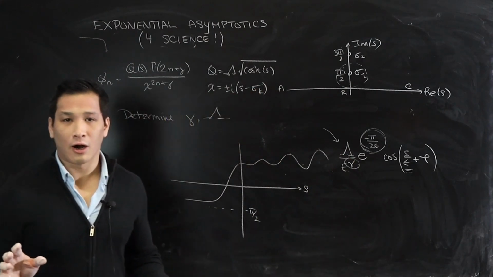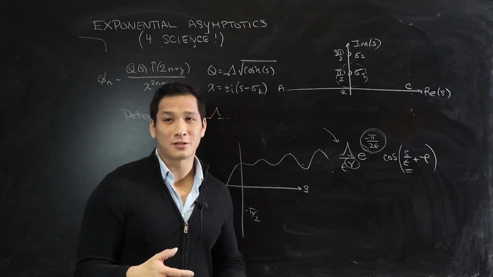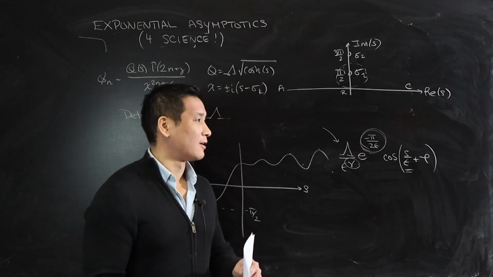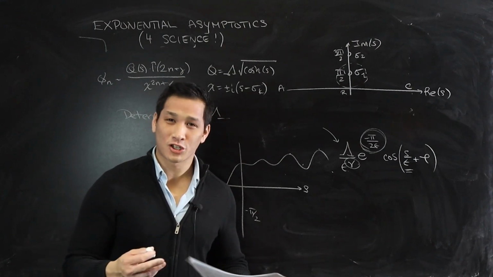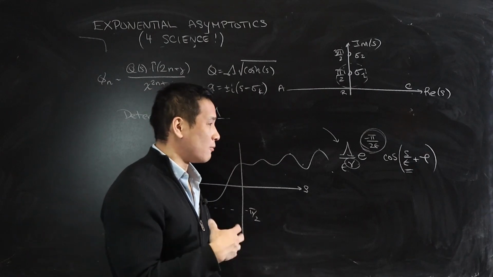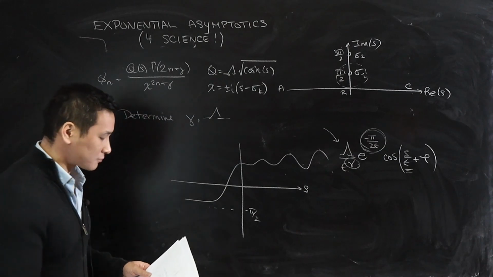So this is often a trend for these exponential asymptotics problems, that lambda is the longest procedure to follow to obtain the value of lambda. It's also incredibly hard to check whether or not your procedure has given you the right result, because numerically verifying these laws can be very difficult.